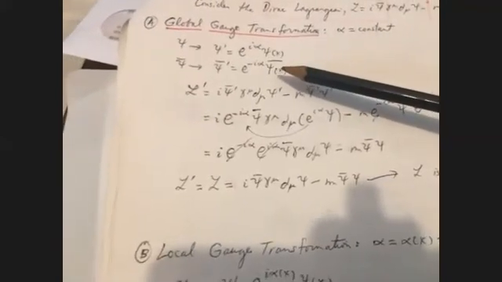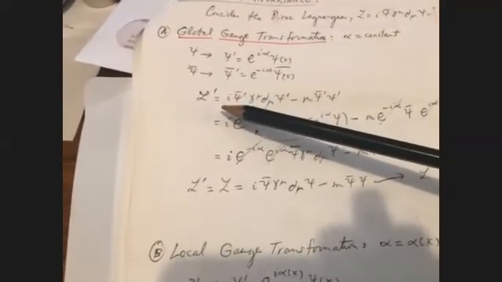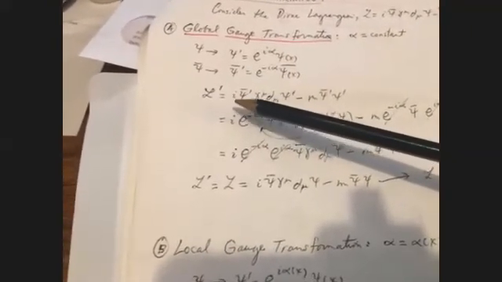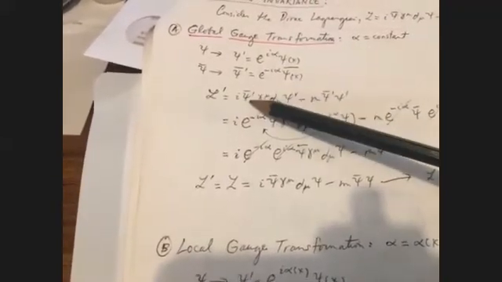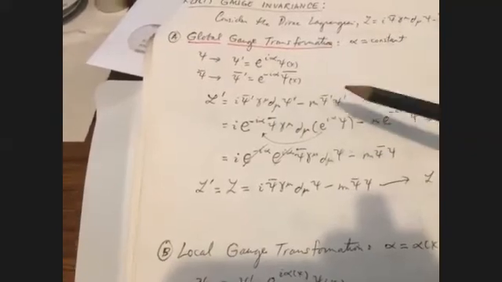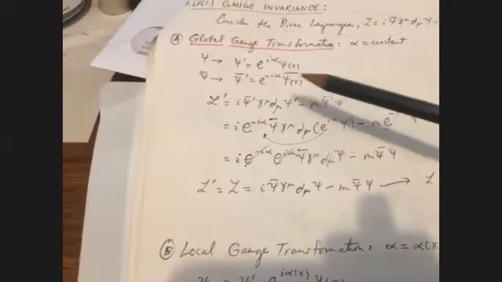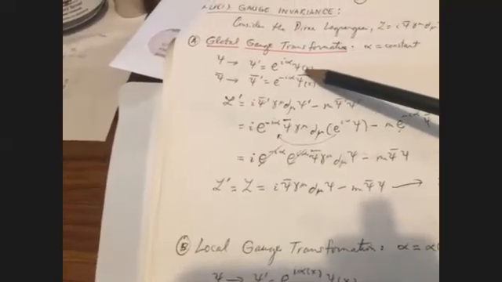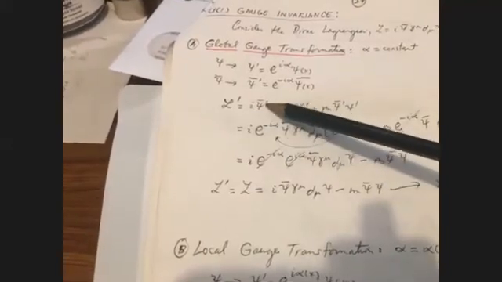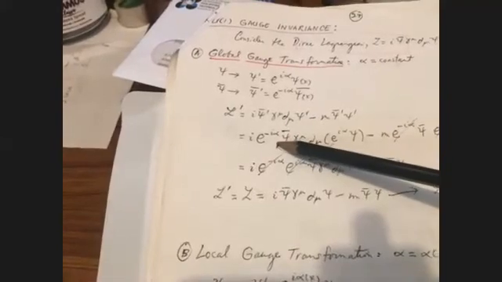Then you go back to your Lagrangian and you transform psi and psi bar. That means you put a prime everywhere, psi bar prime, psi prime. And then you plug in this expression. So for psi bar prime, we have this e to the minus i alpha psi bar.